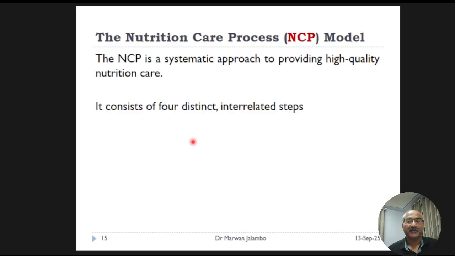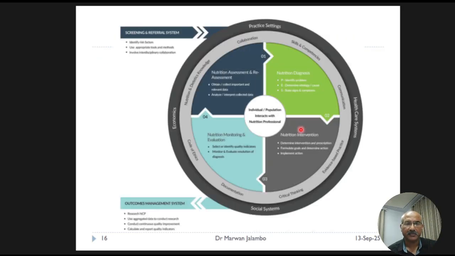This model illustrates its cyclical nature. At the very center is the individual or population and their interaction with the nutrition professional. The 4 steps of the NCP surround this relationship. Step 1 is nutrition assessment and reassessment.